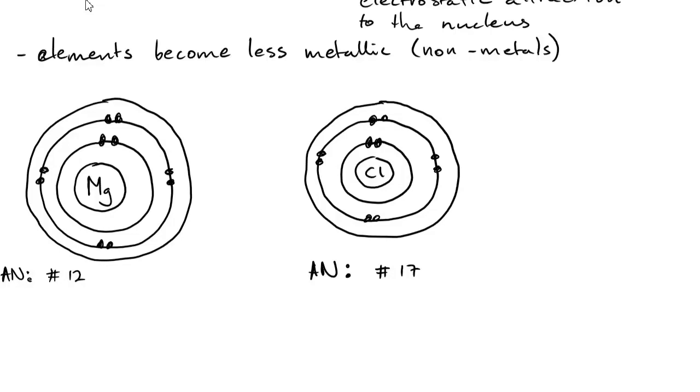Okay, now magnesium has 2 electrons. 1, 2. Whereas chlorine has 1, 2, 3, 4, 5, 6, 7. So chlorine has more electrons because it's further down the period.